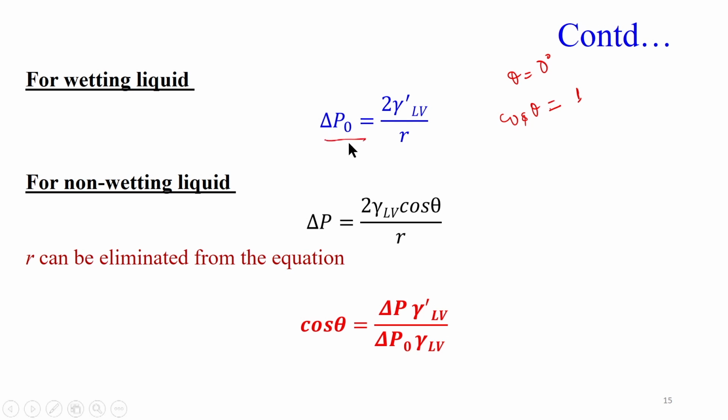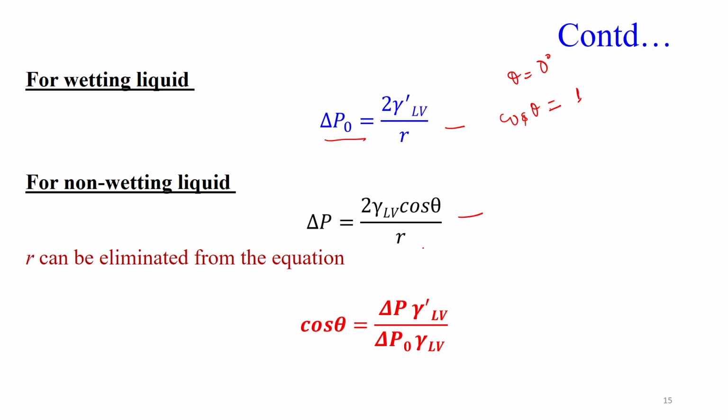In this case, if you are passing a wetting liquid, we write delta p naught is equal to twice the liquid vapor interfacial tension of the wetting liquid divided by r, and this was the equation for the non-wetting. Because we have the same column, r can be eliminated using these two equations.